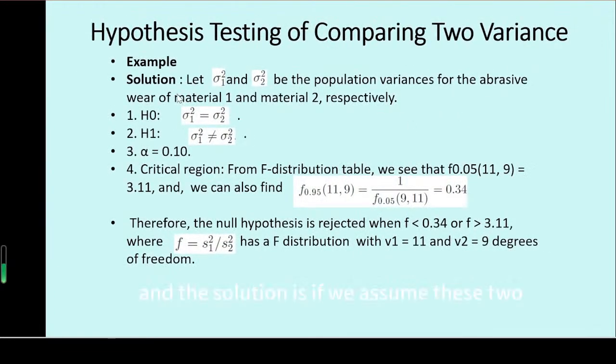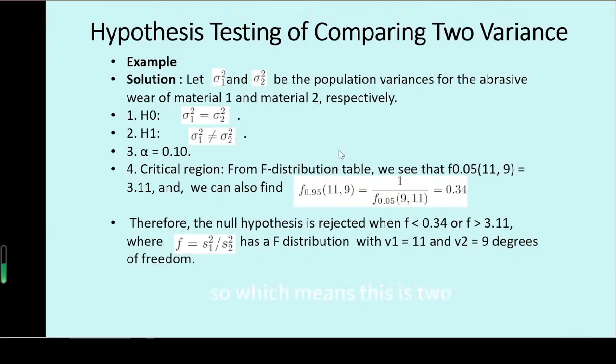And the solution is, we assume these two population sigma squares are equal, and we form the alternative hypothesis H1, sigma square 1 not equal to sigma square 2, and we set alpha 0.1.